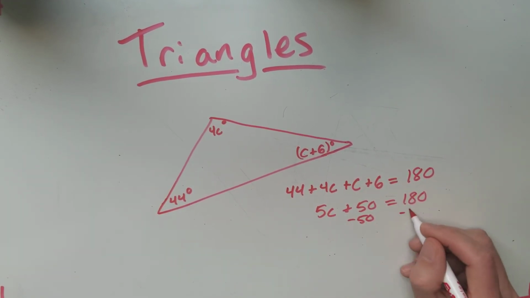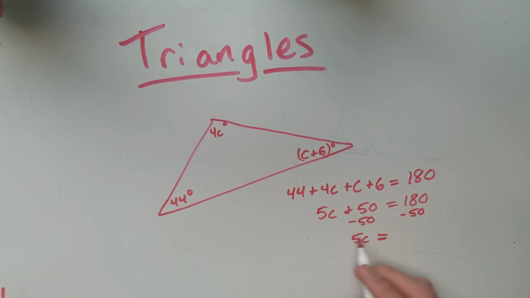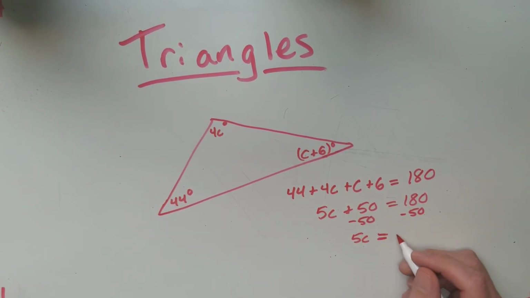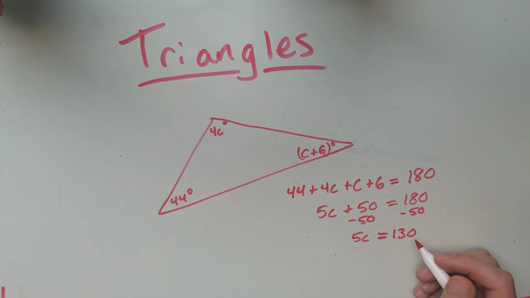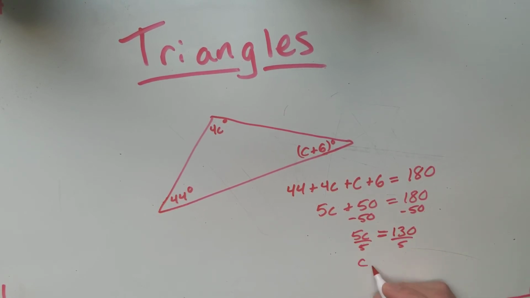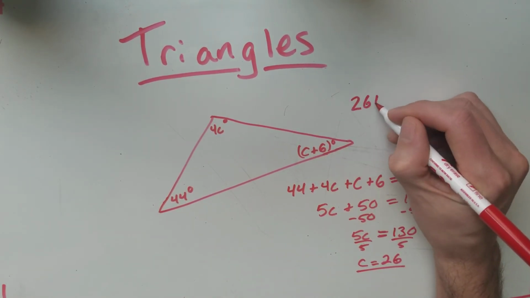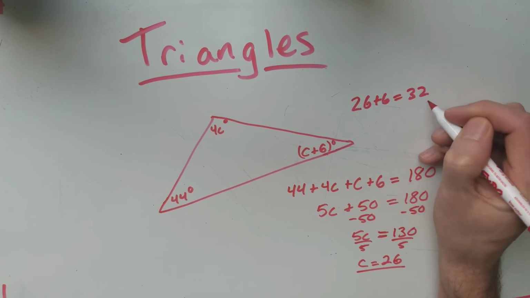Now we're just solving an equation, just like we've done for many months this year. Get your c by itself, you have 5c, you have 130 over here to the right, and then when we divide by 5, we should end up with c is equal to 26. So our value of c is 26, and if we want to find the angle measurements, well, over here, c is 26, so 26 plus 6 is 32.